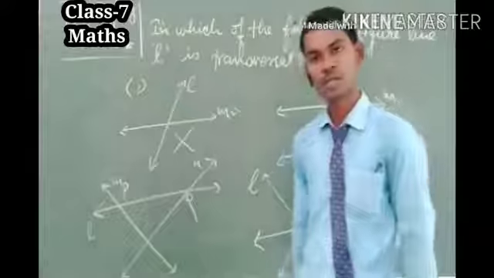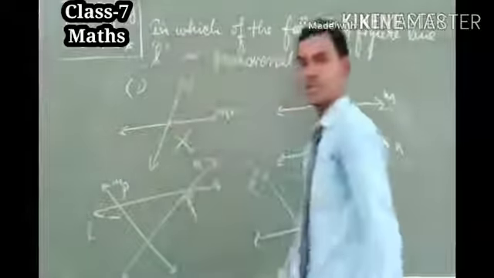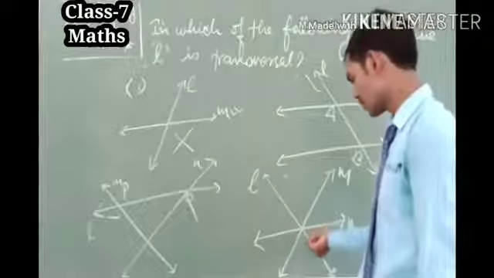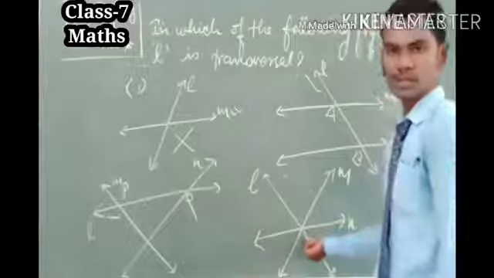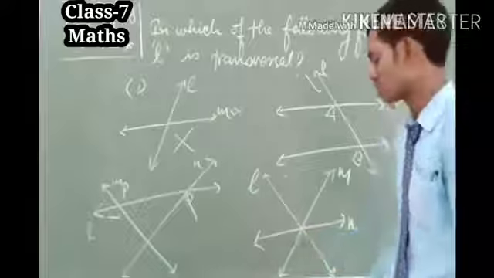So in the third figure, the line L is a transversal. And in figure 4, we can see that there is only one intersecting point, so it is not a transversal.